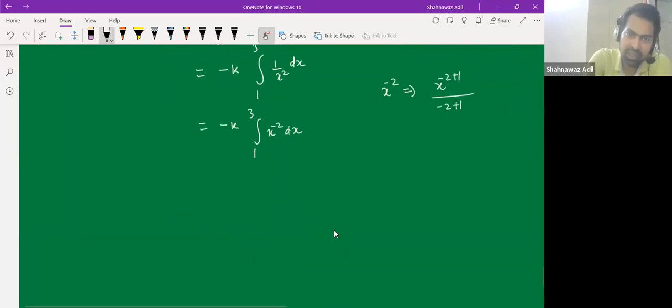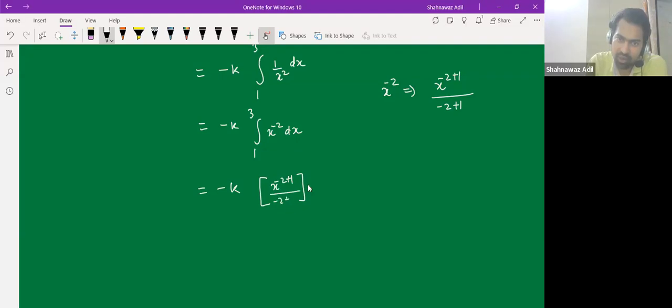So we can write this as minus k, and this is x^(-2+1) divided by (-2+1), from 3 to 1.